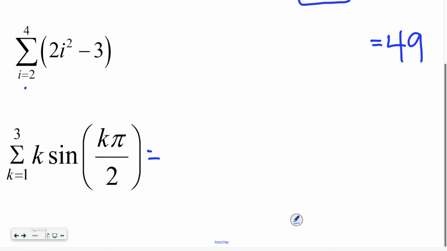Okay, so we're going to work on this one together. When we plug in 1, we have 1 times the sine of 1 pi over 2. What is the sine of pi over 2? Okay, when we plug in 2, we have 2 times the sine of 2 pi over 2.